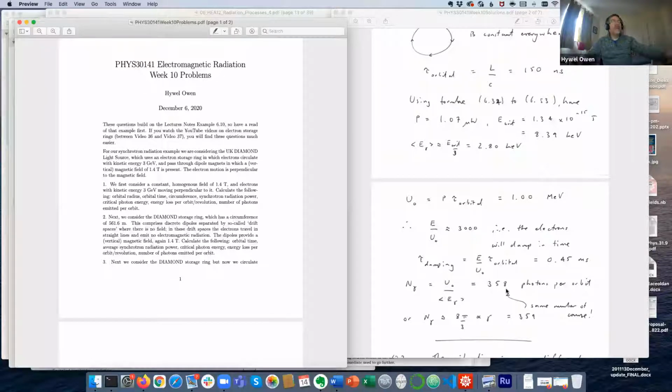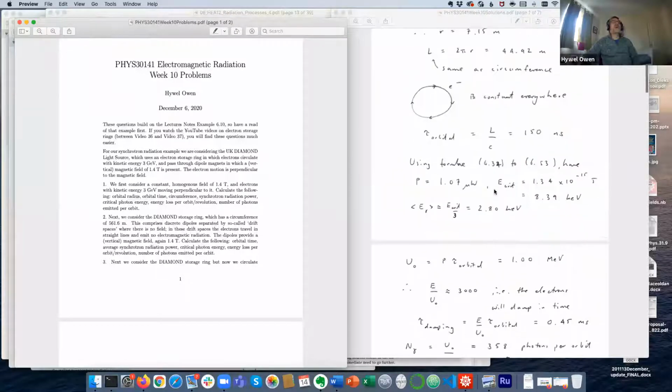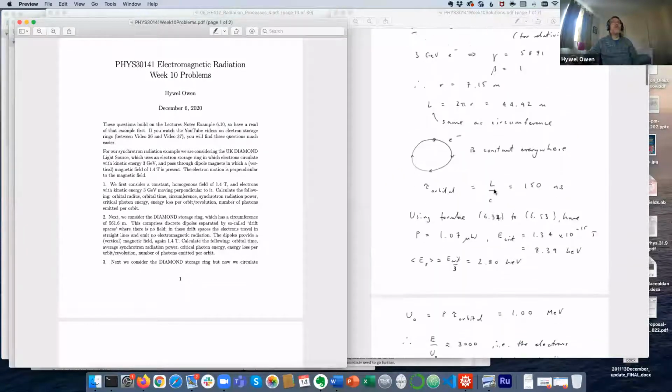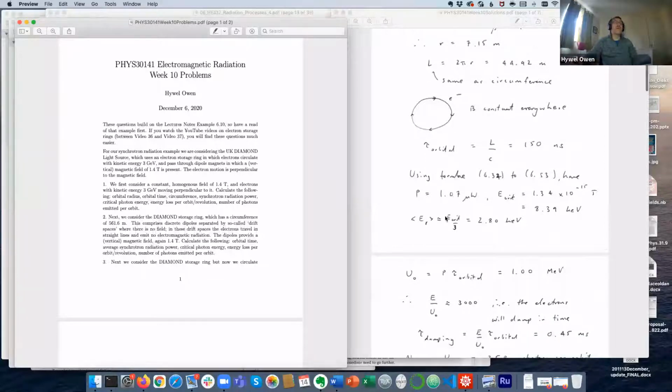We can do that calculation in another way. There's another formula given in the notes that we derived, which is a dimensionless quantity. It's 8 pi over 3 alpha gamma. And again, this is only an approximate form, because we made the approximation up here. Where did we say that was? Oh yeah, we made the approximation that the average photon energy was the critical energy divided by 3. That number is not quite true.